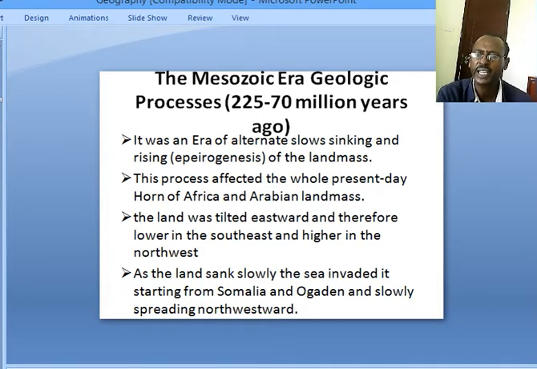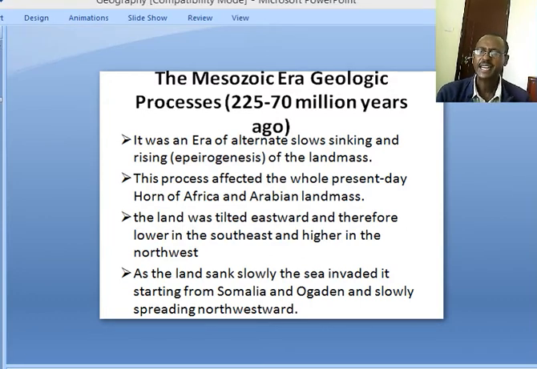The Mesozoic era. When we talk about the Mesozoic, it was an era of alternating slow sinking and rising, what we call epirogenesis. Epirogenesis refers to a process where the land either sinks or rises for different reasons.